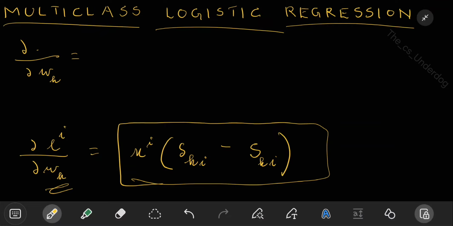So I'm not taking Li, log likelihood, for all the training examples. So what do I have to do? I have to sum over all the m different training examples. So it will be sigma i is equal to 1 to m. That is, I'm summing over all the training examples. Then it will be xi into delta ki minus ski.